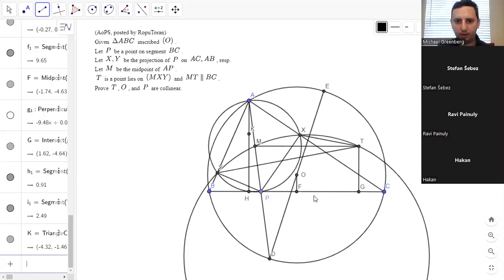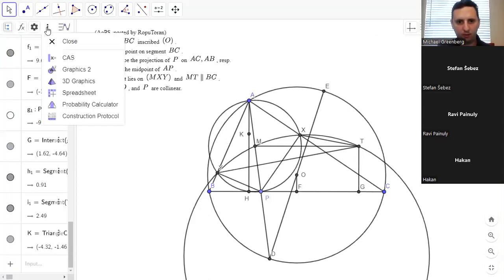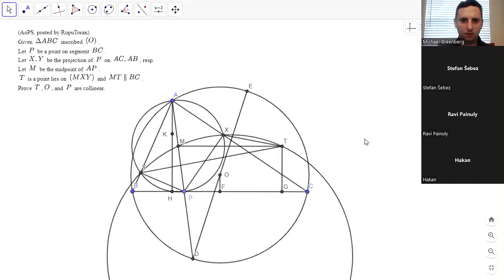And maybe that's not so easy, but that's just another way to rephrase the problem. So PF over PG, can we calculate that?